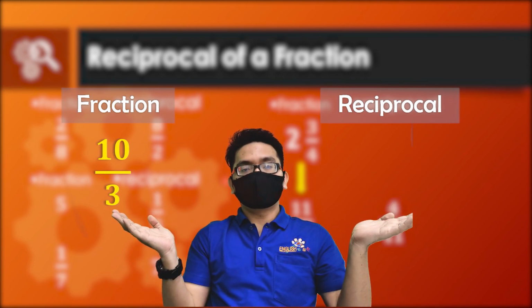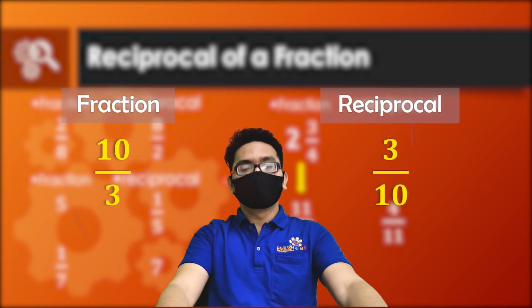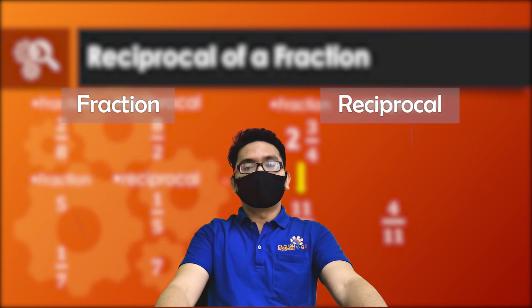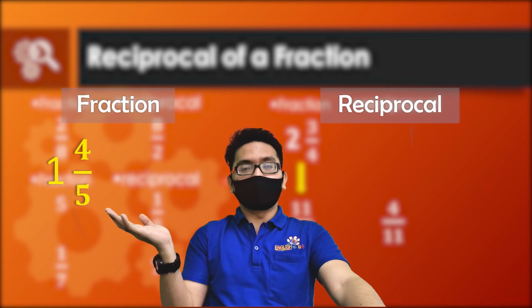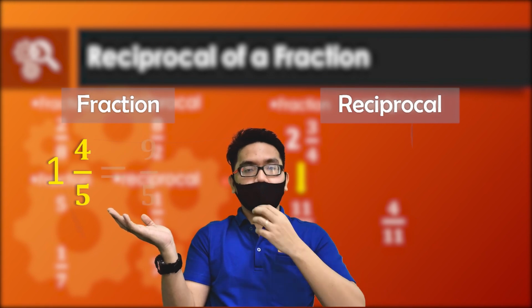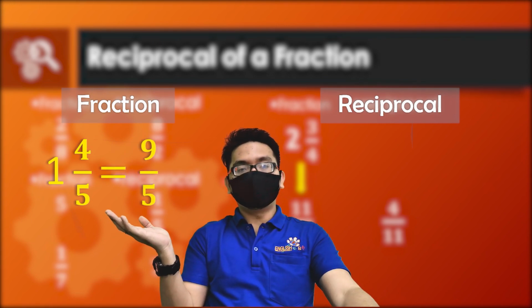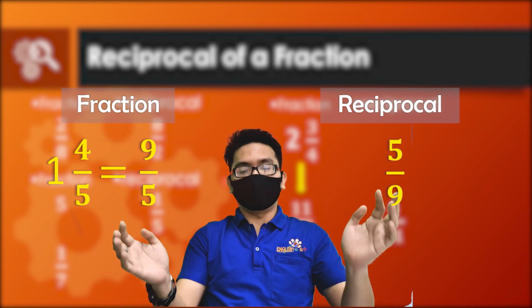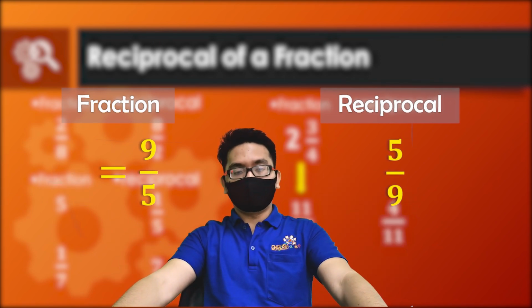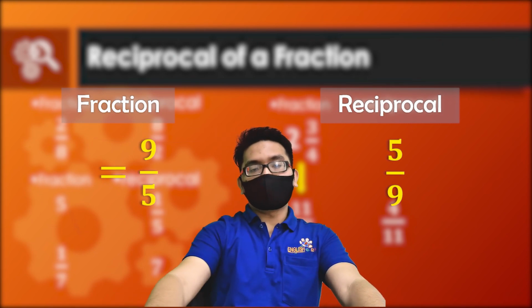The reciprocal is 3 over 10. How about 1 and 4/5? Let's change first to improper: 1 and 4/5 is 9 over 5. The reciprocal is 5 over 9. Simple as that.